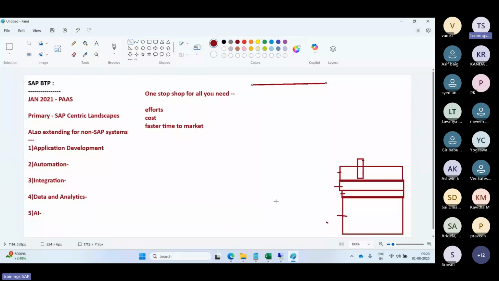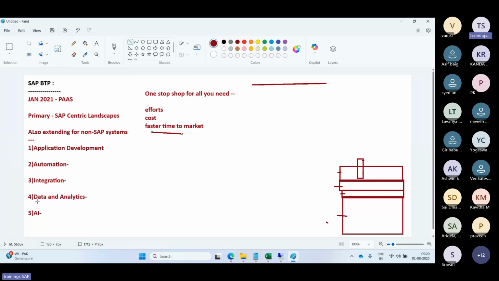BTP is an offering from SAP to fulfill all these requirements, and BTP is a portfolio of all the SAP solutions and services brought under one umbrella. Because under one umbrella, we have all the listed services and solutions available here, right?